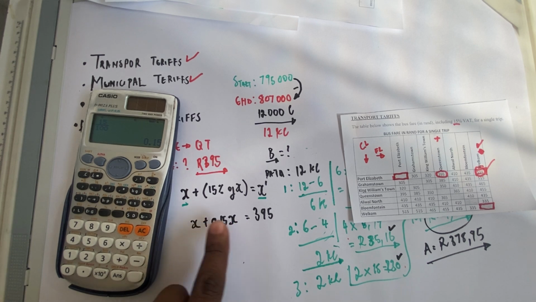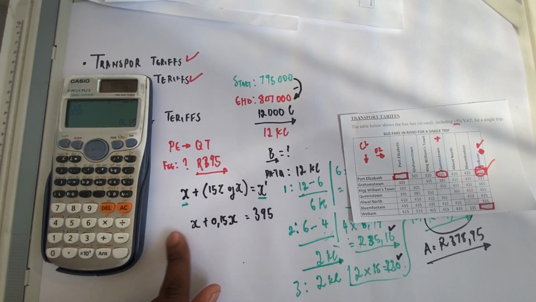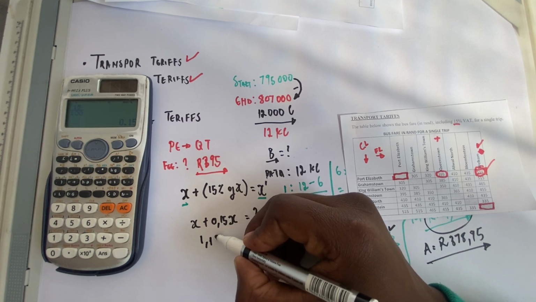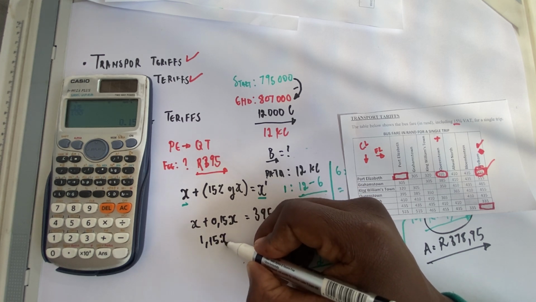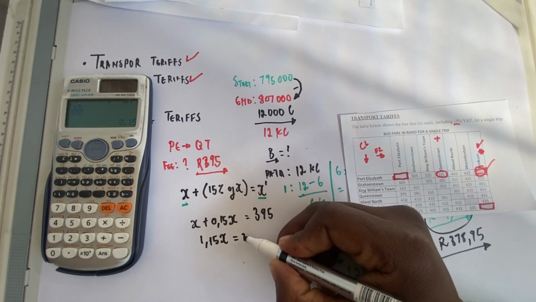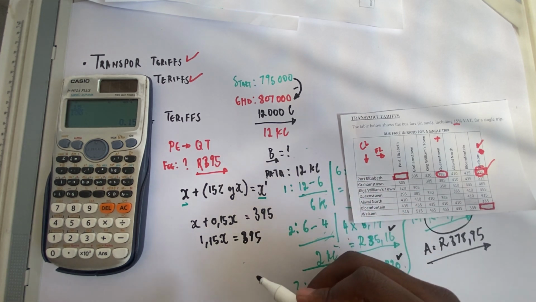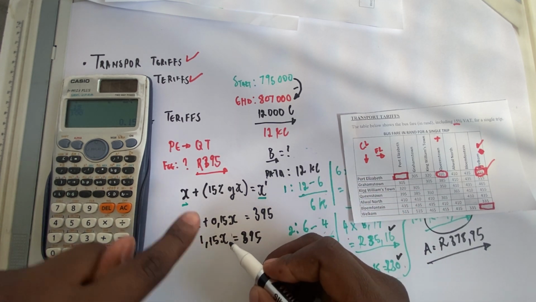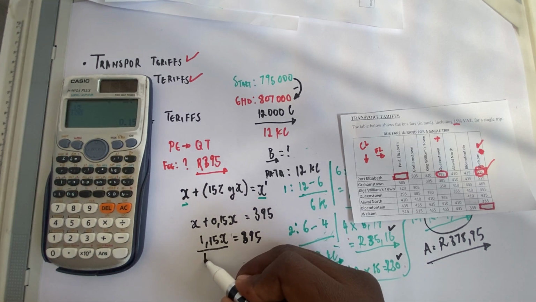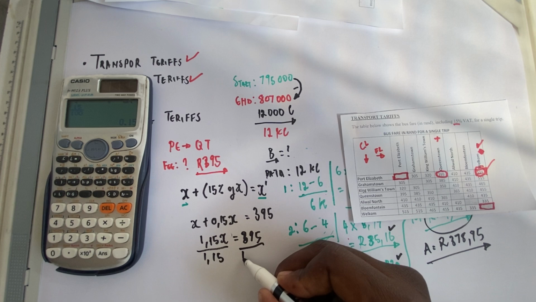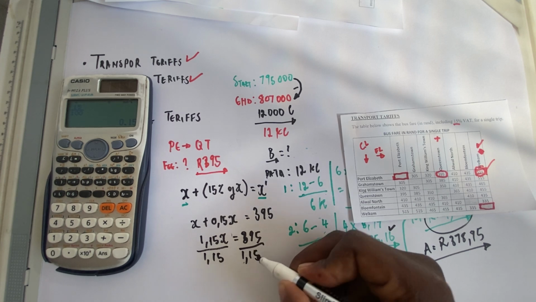So these two are like terms, and they are going to combine. So I'm going to have 1.15x equals 395. Then I want to find x, which is the amount I'm looking for. I divide by 1.15; what you do on the left, you also do on the right.